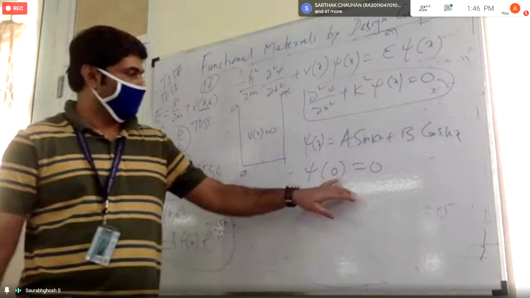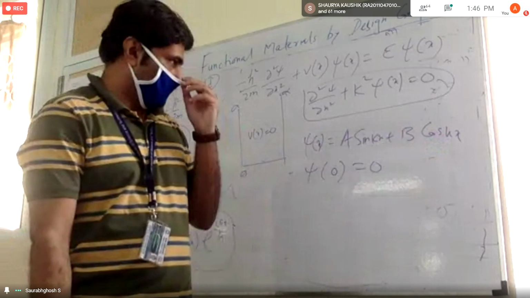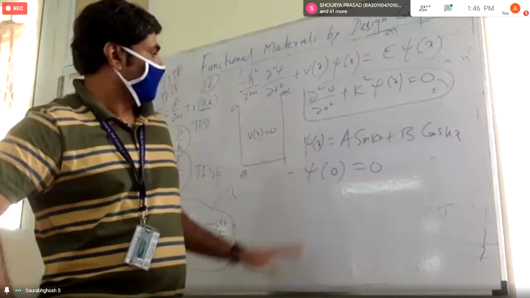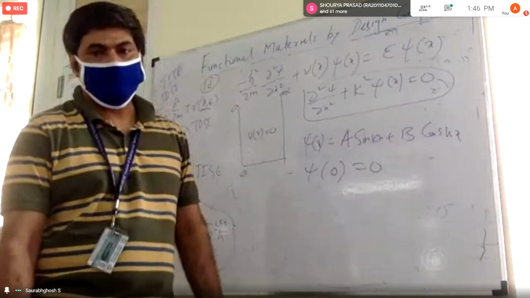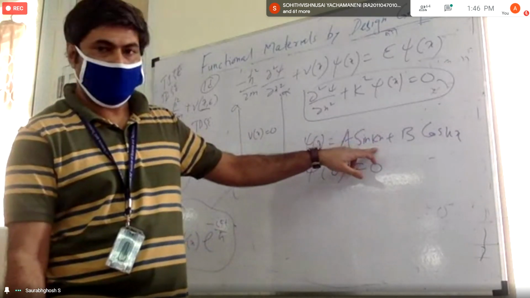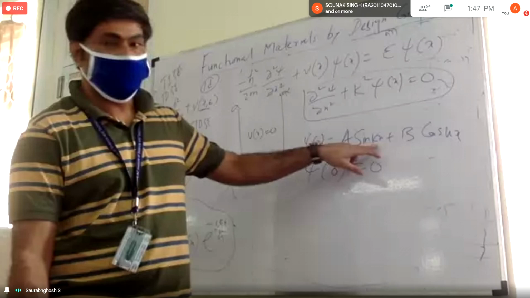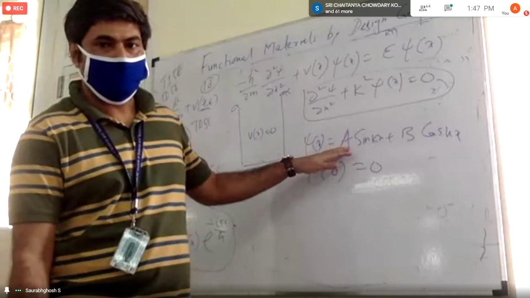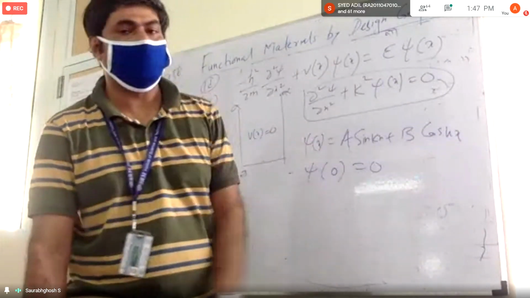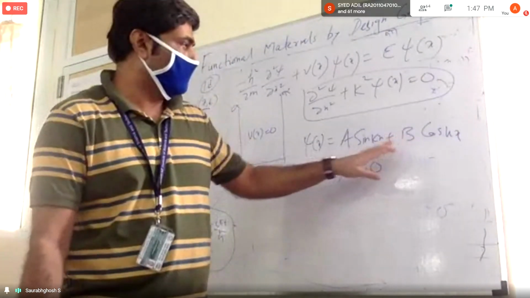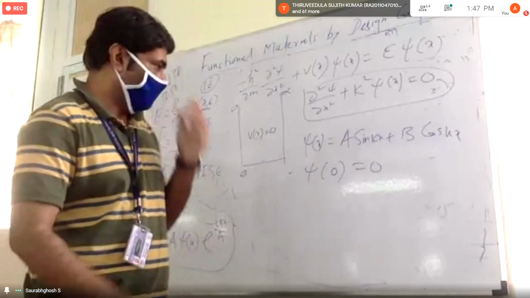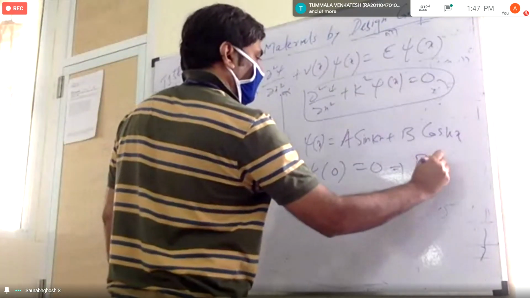Now if you put x equal to 0 here, then sin 0 is 0 and cos 0 is 1. That means if this has to be 0, then this B has to be 0. So this condition gives you that B equals 0.